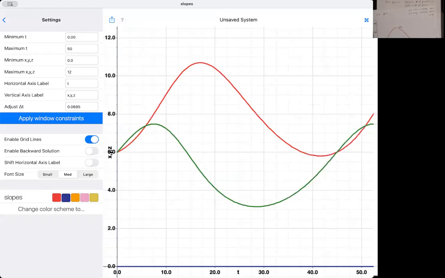Take a look at that. The red equation is my predator equation. The green equation is my prey equation. Look at what's happening. We start out with more prey than predators. And then our predator numbers grow and they start to eat more of the prey.